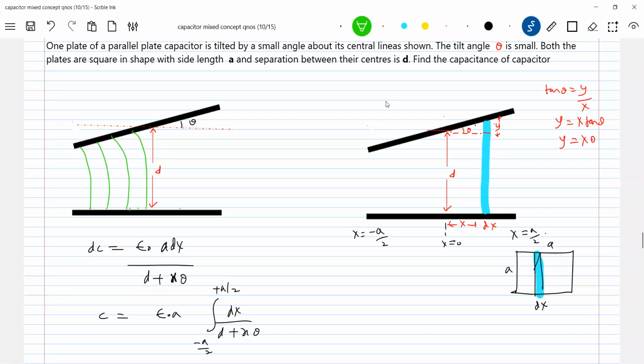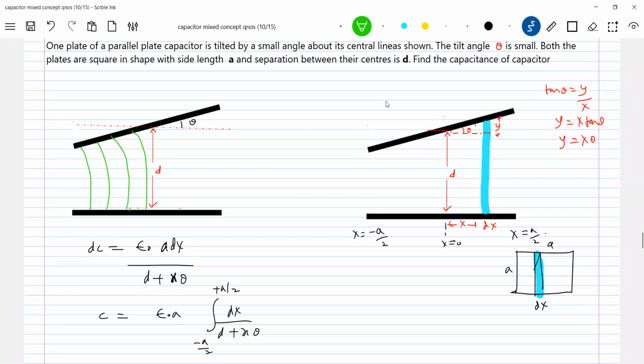The physical parameters. So we need not bother about the charge distribution or anything else. If you do it by that method, it will be really troublesome because the field will not be uniform, it will be crowded. So since the capacitance depends only on physical parameters, we need not bother about charge distribution.